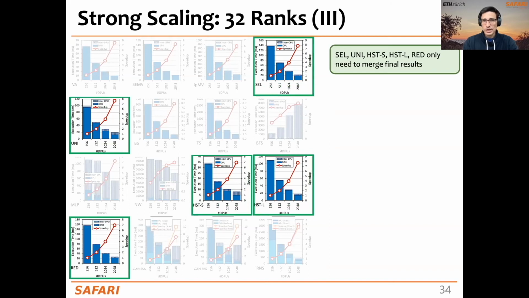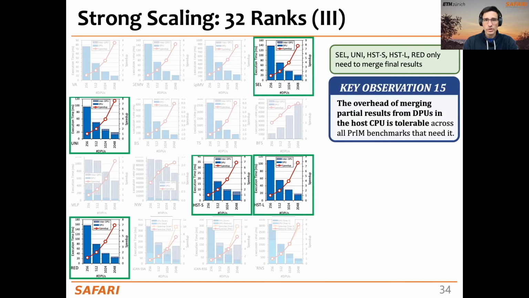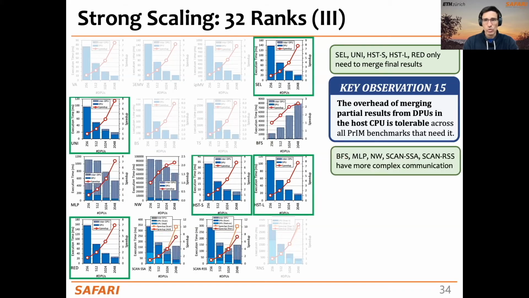Another observation is that these benchmarks only need to merge partial results. So the overhead of merging partial results from DPUs in the host CPU is tolerable across all PrIM benchmarks that needed it. As you can see, the inter-DPU communication time is quite negligible for these workloads.